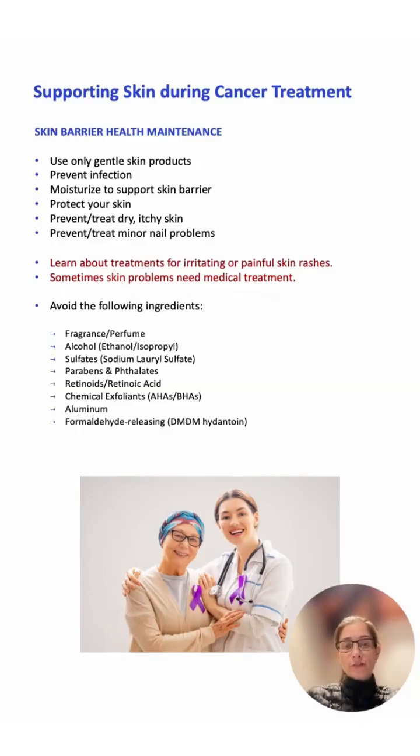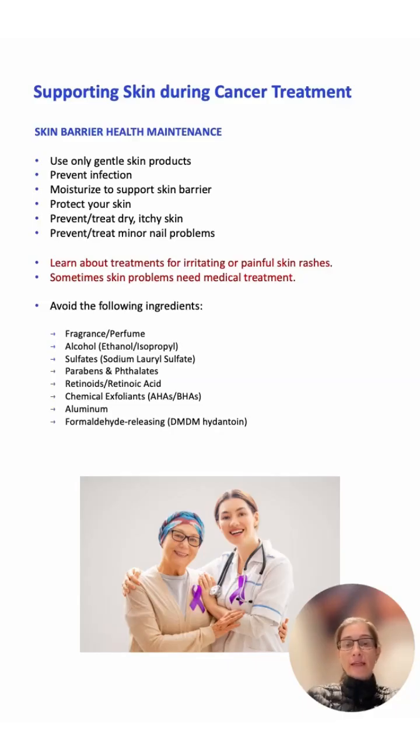Overall, though, moisturizing your skin is critical. So using creams and lotions that prevent your skin from becoming dry and itchy, so that skin does not become infected or crack, and using special creams or ointments for severely dry, itchy, or painful skin is important. And protecting your skin with sunscreen. We talked about photosensitivity and also sun protective lip balm.